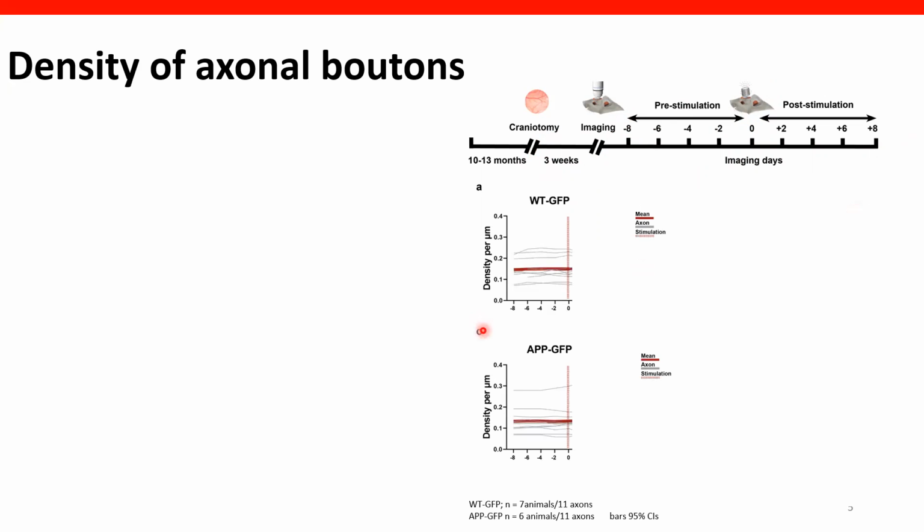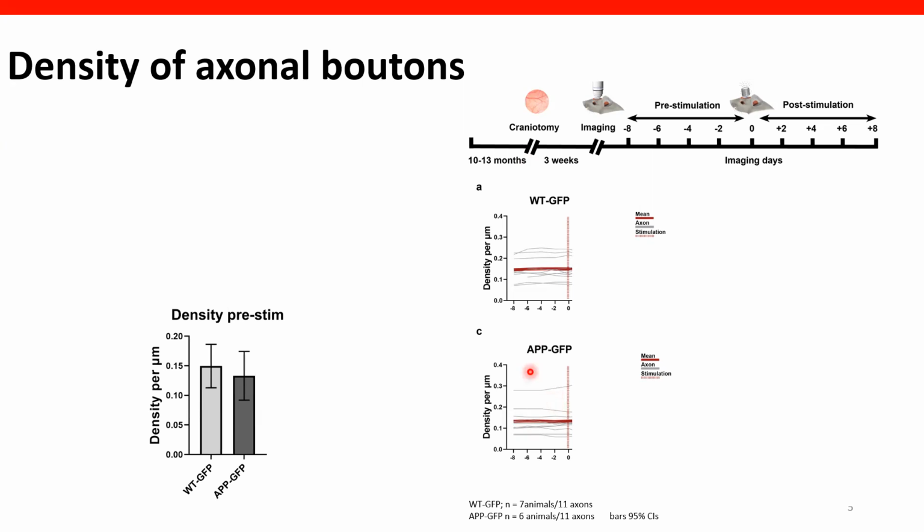Looking at the density data first, we have the wild type animals here on top and the APP-PS1 at the bottom. We can see that there are no significant differences in the density between the individual imaging sessions, which is good. So we can average the data per group and have a look at the differences between the wild type and APP animals.